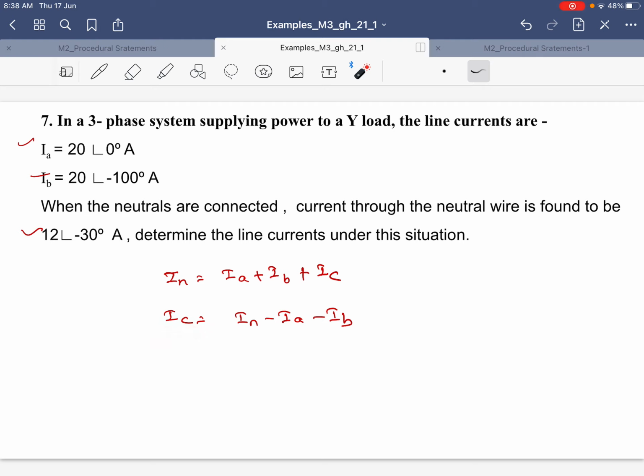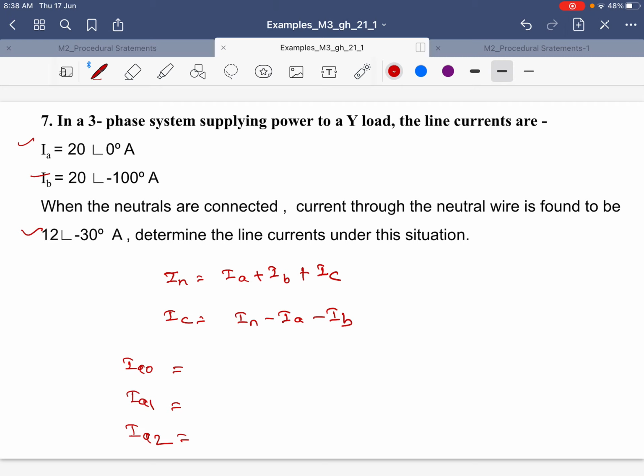Once we get the IC value, we know all three values IA, IB, IC, then you find out the symmetrical components IA0, IA1 and IA2. You find IA0 using the appropriate formula, that is 1 by 3 times IA plus IB plus IC.